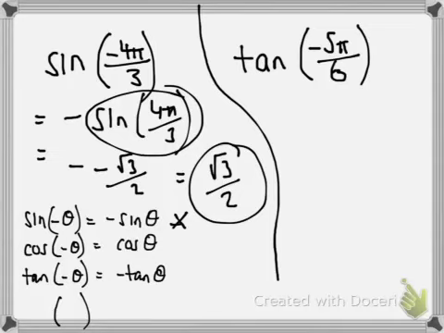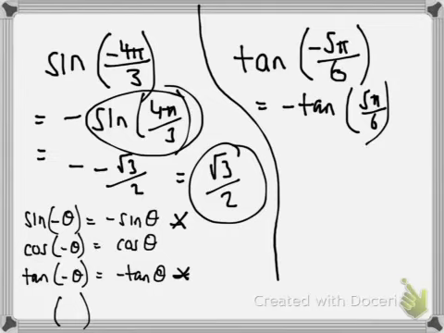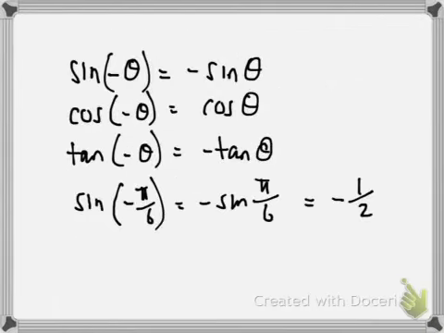Tan negative 5 pi on 6. Using the third rule here, tan negative theta equals negative tan theta. So that's going to equal negative tan 5 pi on 6. Okay, let's go away and work out what tan 5 pi on 6 is. Okay, so tan 5 pi on 6 is what we're after.